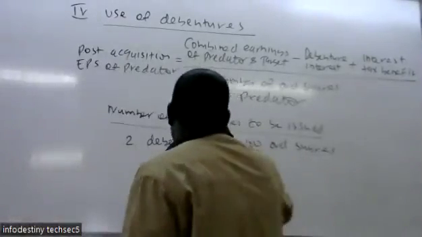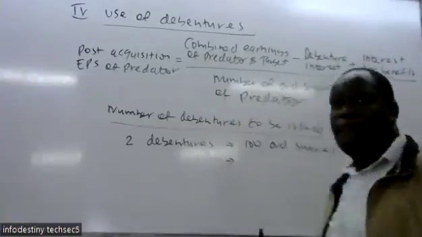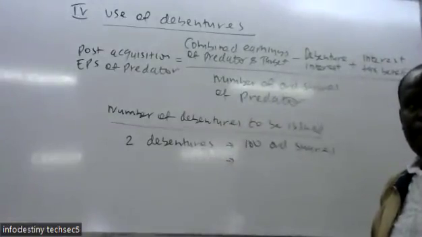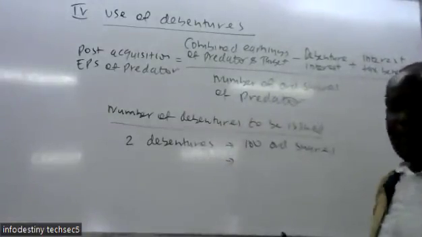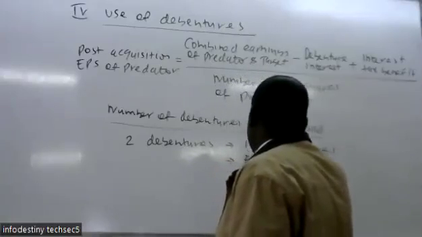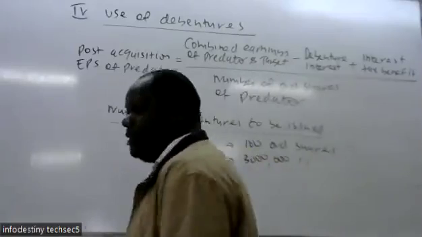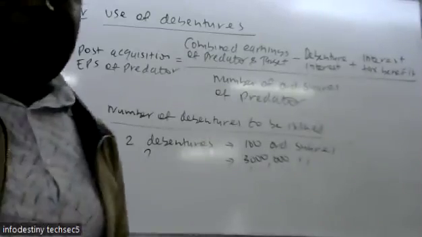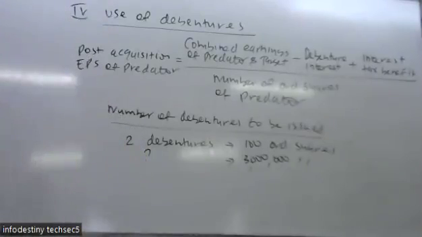But the target had how many ordinary shares? It was 3 million ordinary shares. So how many debentures will have to be issued?